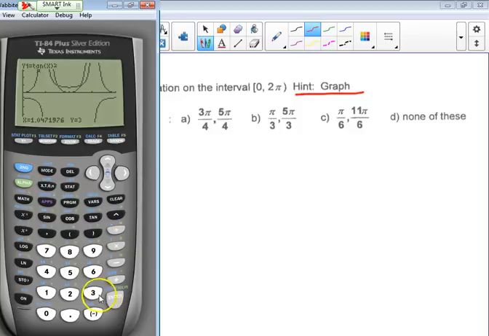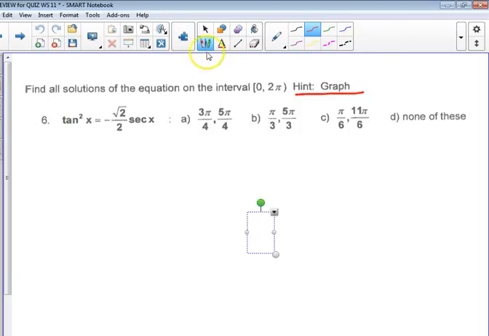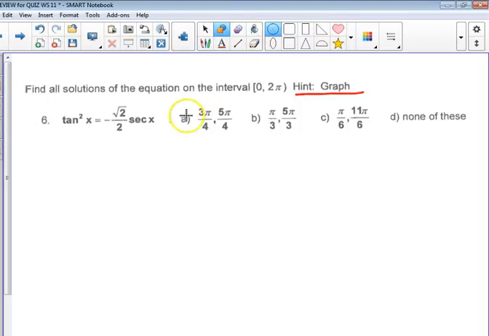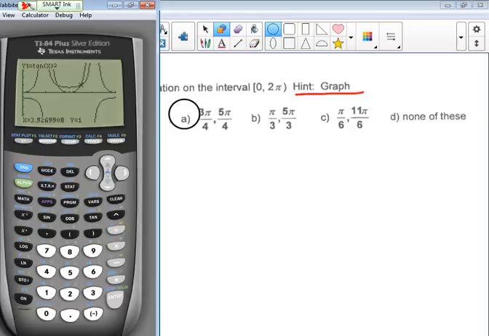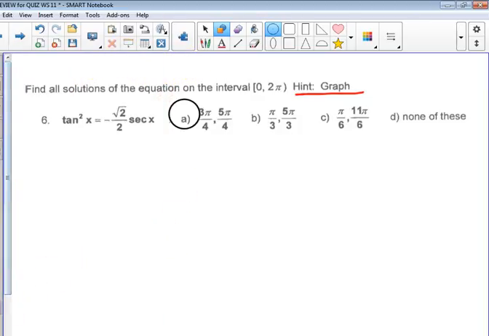No. What do you want to try? 3 pi over 4? 5 pi over 4? Did it jump to those 2 intersection points? So choice A seems okay? Everybody all right? All right.